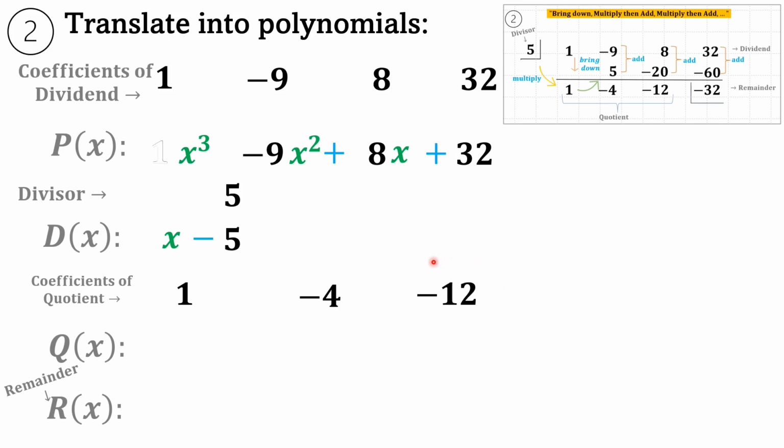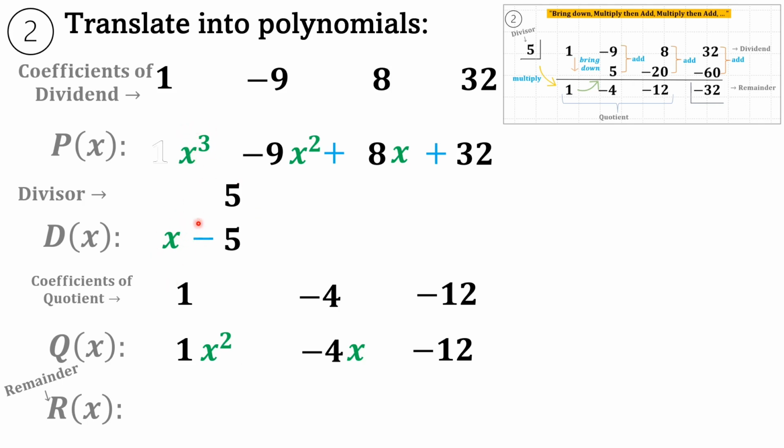to writing the exponents of the respective variables or literal coefficients. So starting with negative 12, 0, 1, 2. So the degree of the quotient is 2. Now to check, you may subtract the degree of the dividend and the degree of the divisor.